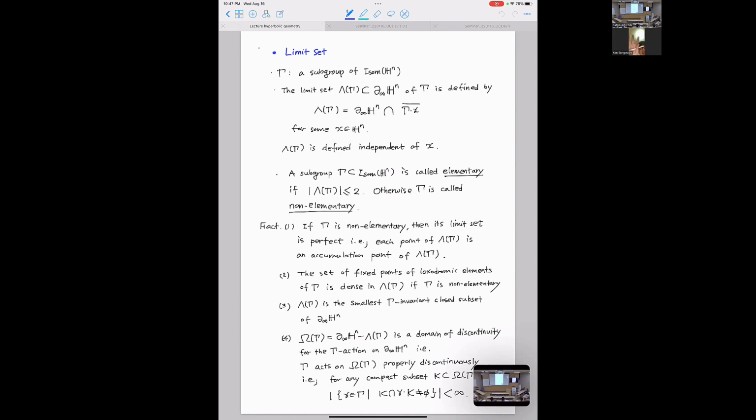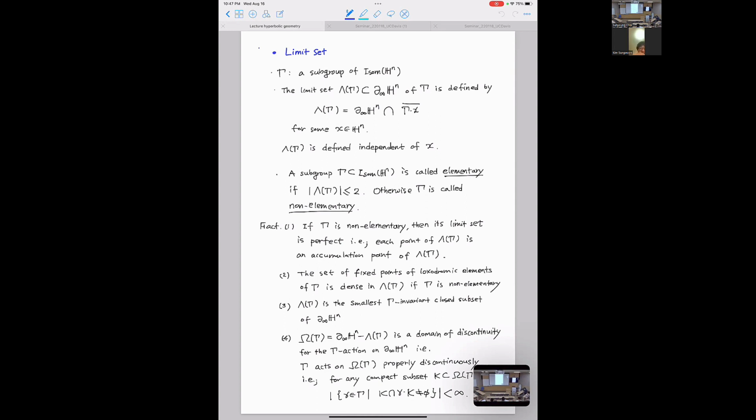So that is the idea behind the limit set. So anyway, if gamma is a given subgroup of the isometries of hyperbolic space, then you can define the limit set.